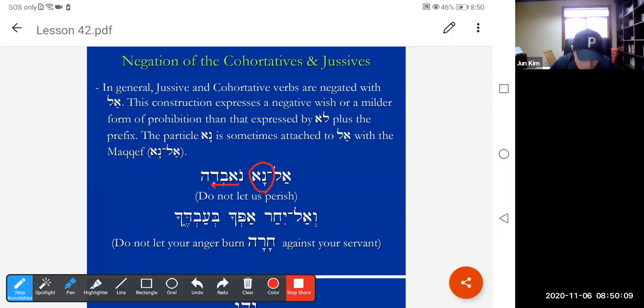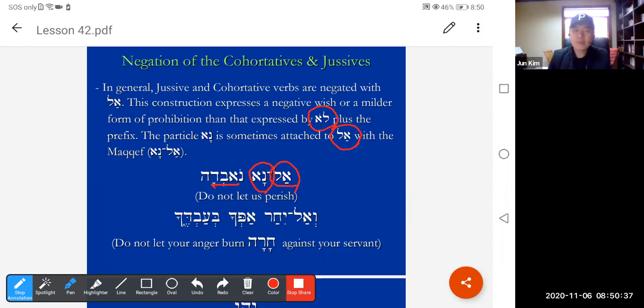So it tries to tell us that when we need to negate the cohortative and jussive, then we are going to use the negative particle al. And we have talked about this before, the difference between law and al. So law is normally used for the prohibition for like permanent commandment and the serious one.